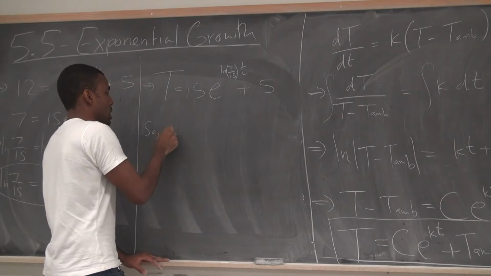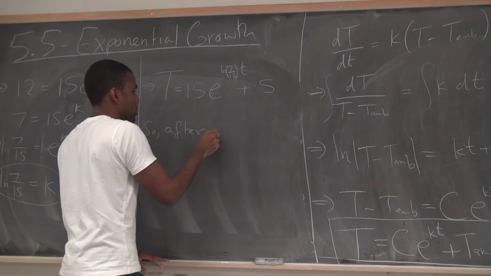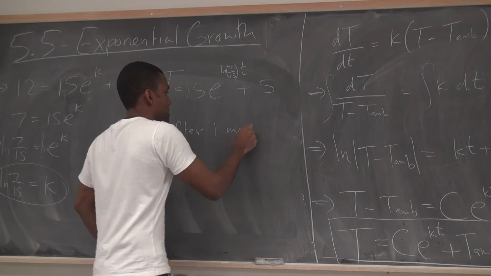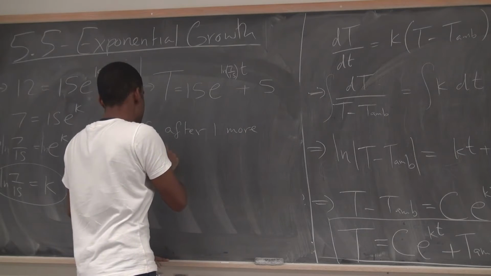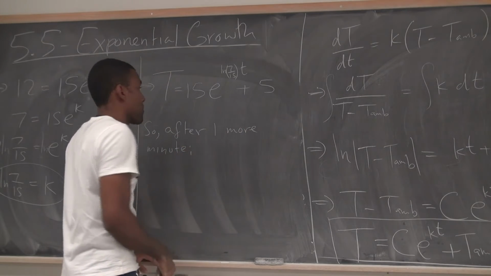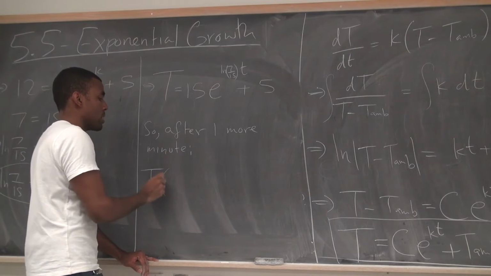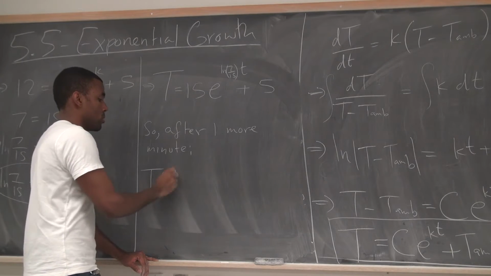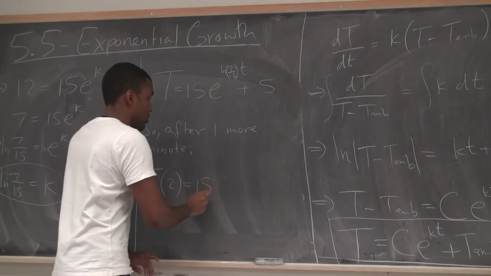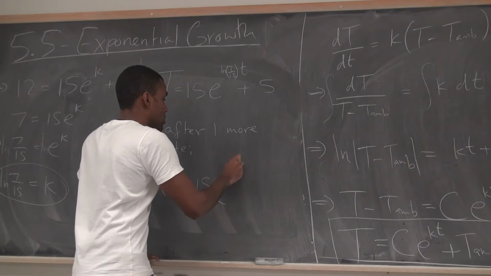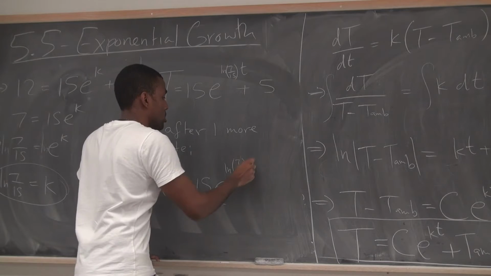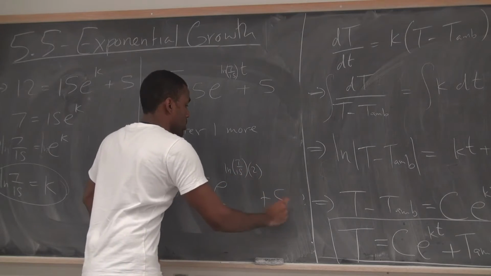So after one more minute, what's the temperature? We want T evaluated at what time? At 2. That's just 15 e to the ln of 7 over 15 times 2, plus 5.